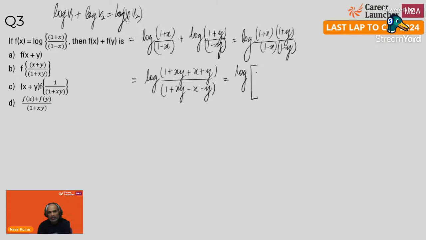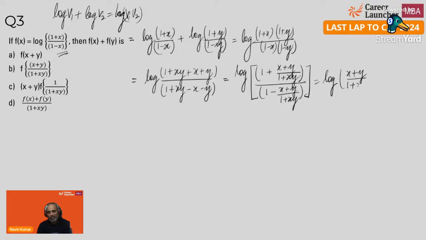Our numerator will become 1 plus (x plus y) divided by (1 plus xy), and our denominator will become 1 minus (x plus y) whole divided by (1 plus xy), which, if you pay attention to what was given, looks like log of (x plus y) upon (1 plus xy). So B makes sense.